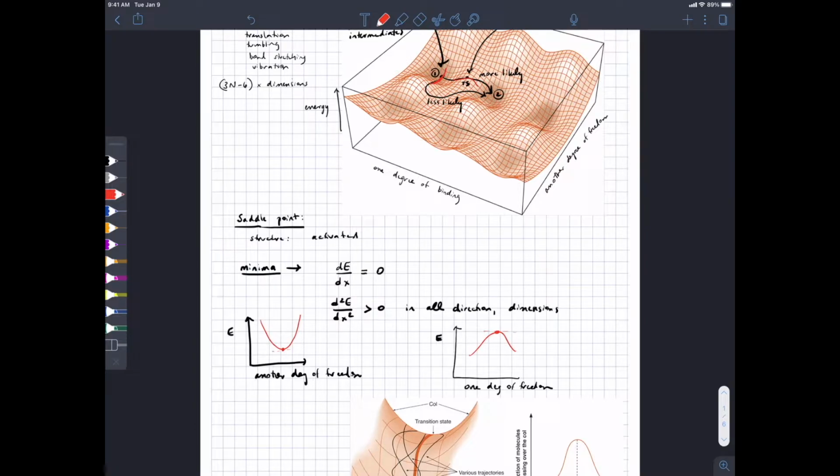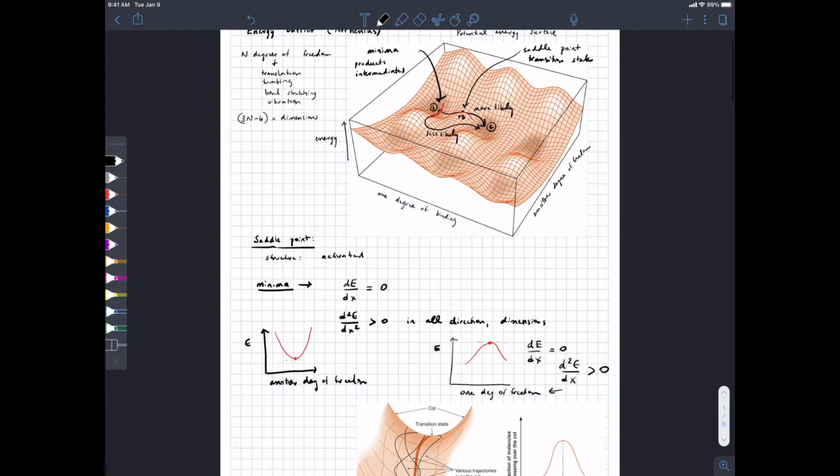And of course, at a maximum, the first derivative is 0 too. So how do you tell maxima from minima? Well, notice even though at the saddle point, the first derivative with respect to whatever this degree of freedom is equals 0, what do you notice about the second derivative? It's negative, right? Because the slope is decreasing, right? So one of the things that characterizes maxima is that the second derivative is less than 0.